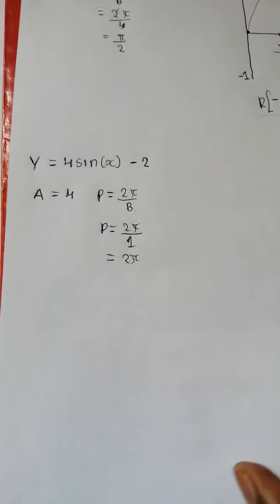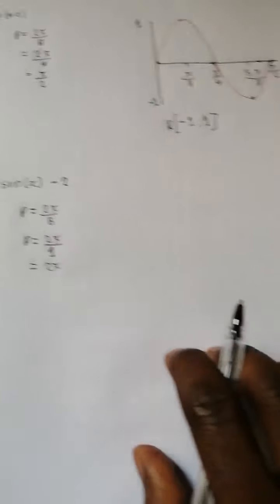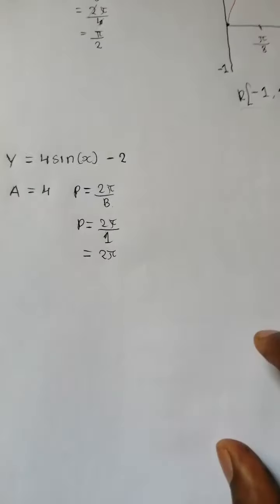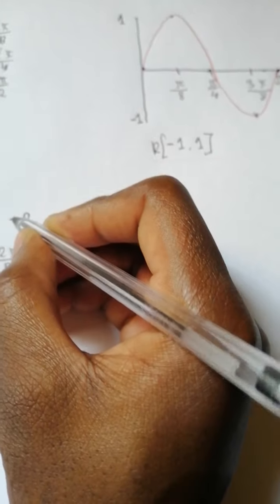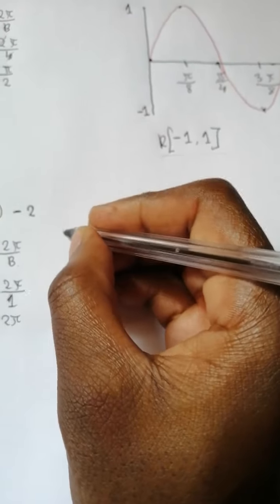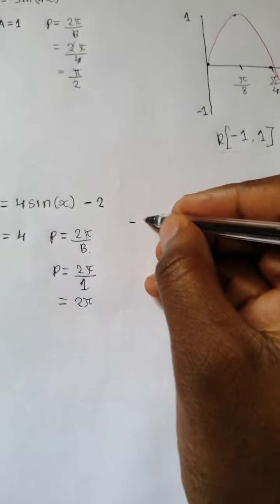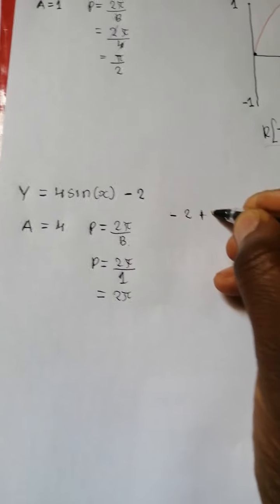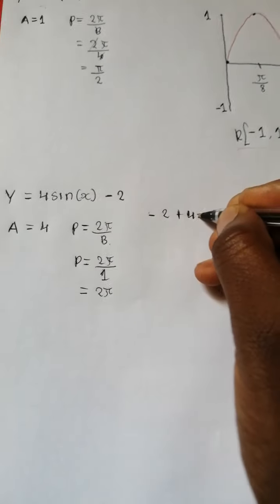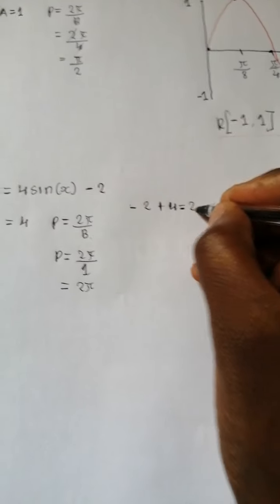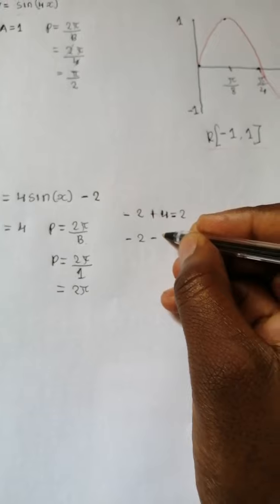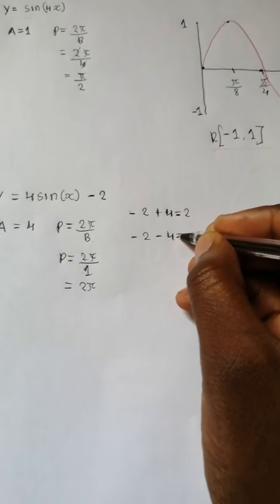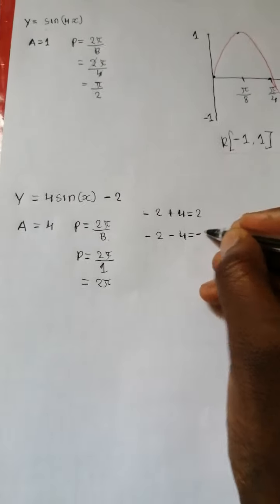So that's our period. Now that we have our period, let's go ahead and find the upper limit and the lower limit. In order to find the upper limit, you have to take this -2. It will be -2 plus 4, which is equal to positive 2, and then the lower limit will be negative 2 minus 4, which is equal to negative 6.